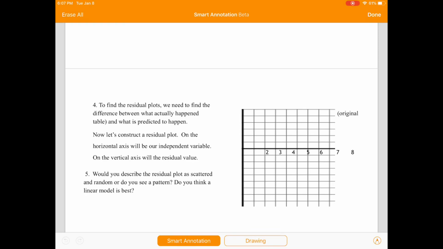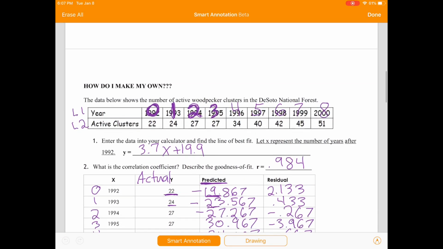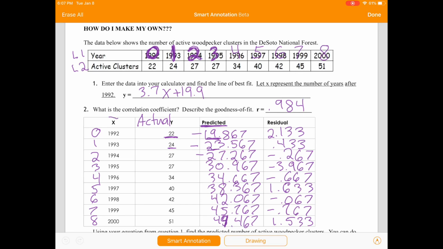On the horizontal axis, which is the axis left to right, will be our independent variable. So remember, our independent variable is our x values. So our x values, it even says it in our table, our x values are our years, or our values that we put into L1.